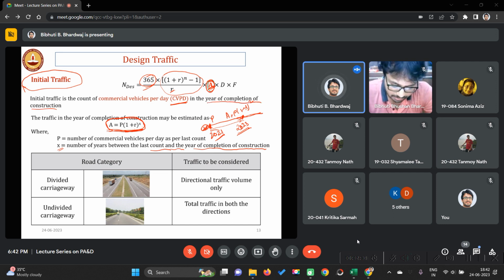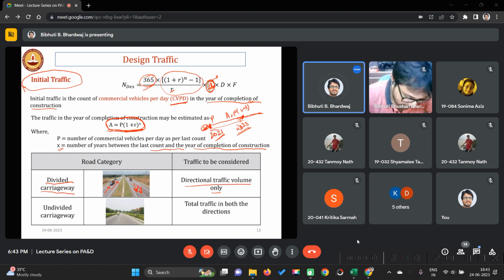You understood? Now in this traffic, sometimes you have to consider the directional traffic and sometimes both traffics. If it is a divided carriageway, that means there is a median in between, then only the directional traffic volume has to be considered as A, either this or this.